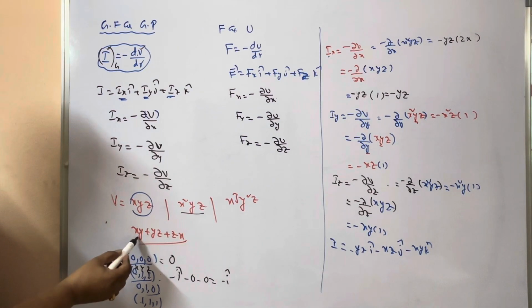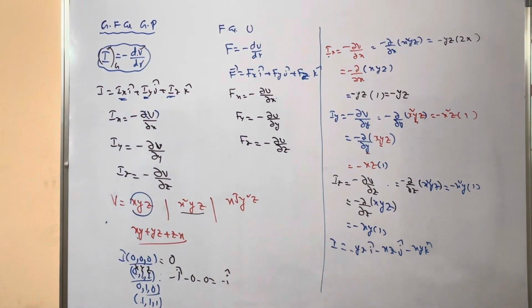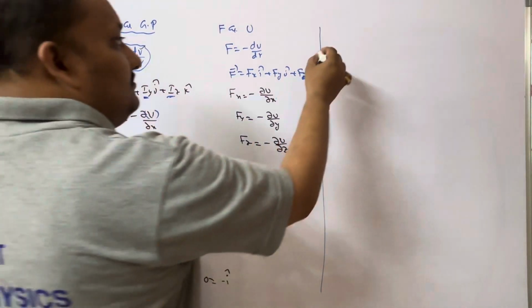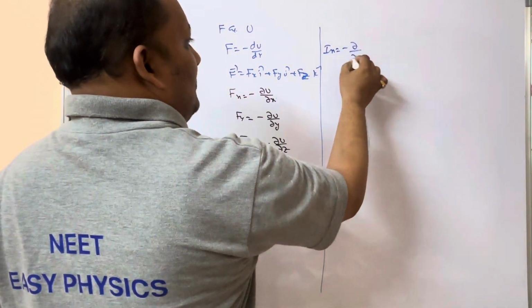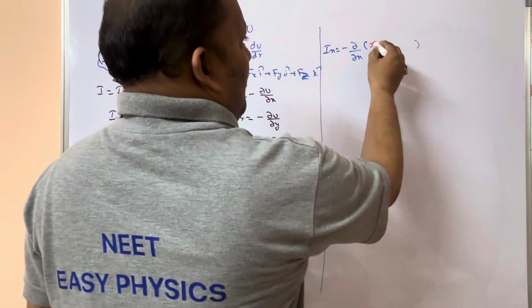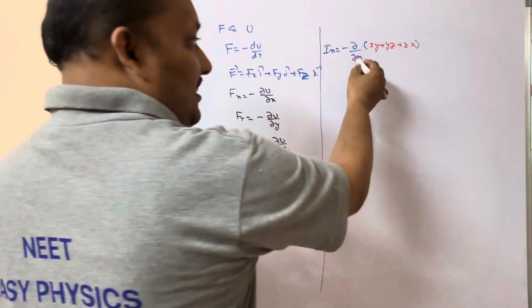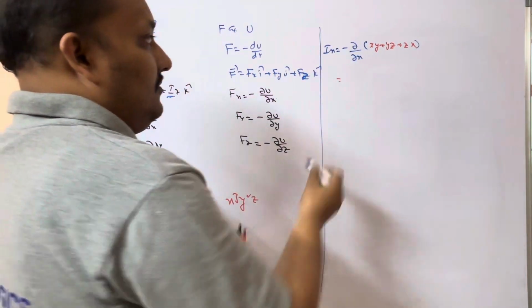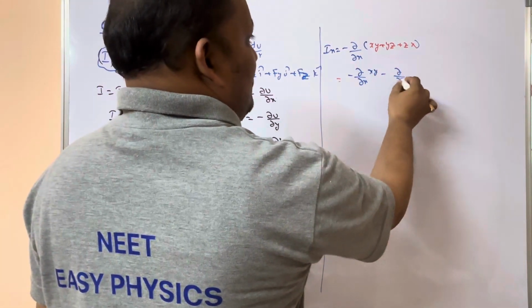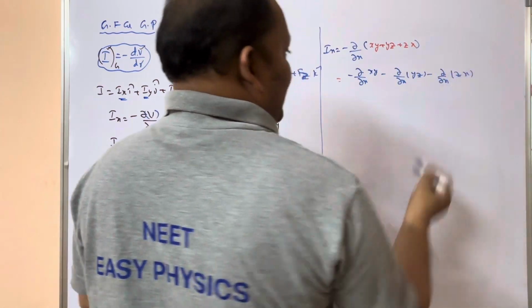Next, if you want to do xy plus yz plus zx, how we will do, we will see. Ix is equal to minus ∂ by ∂x of xy plus yz plus zx. First we have to do minus ∂ by ∂x of xy, minus ∂ by ∂x of yz, minus ∂ by ∂x of zx.